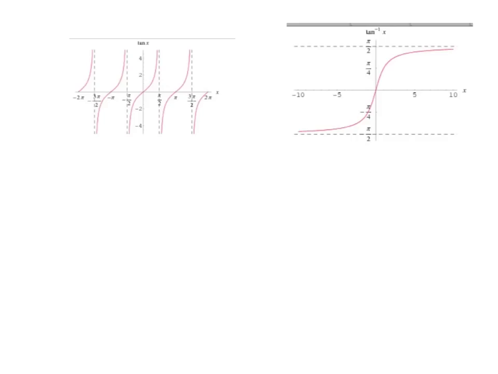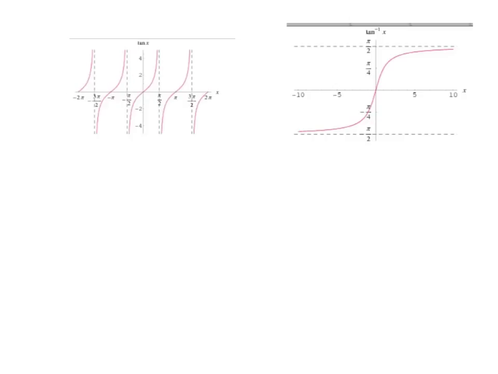Okay, here is the tangent and arctangent graphs. You can see that the tangent graph passes the vertical line test, so it is a function. It's a repeating function. It has asymptotes, remember, a period of pi, but it does not pass the horizontal line test. If you use the entire domain, the inverse of tangent is not a function.